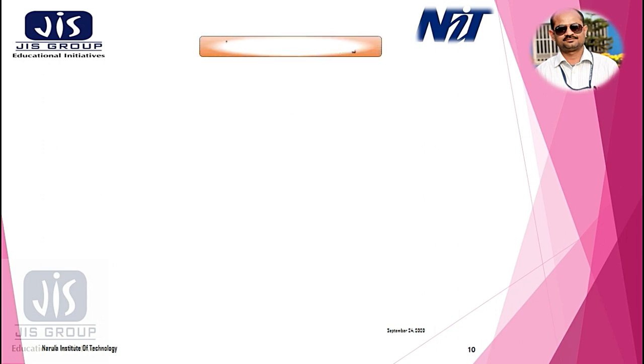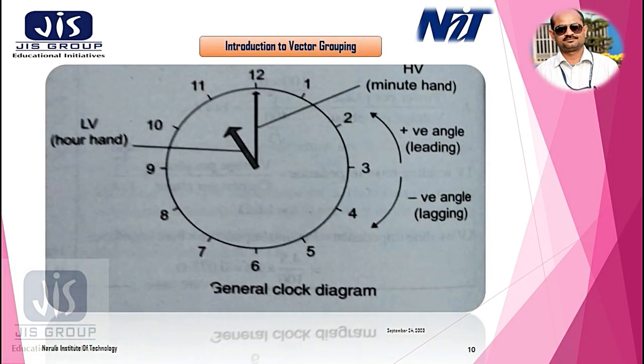Now, this is the clock position. The minute hand, the larger arm, represents the high voltage EMF. The hour hand, my shorter arm, represents the LV side induced EMF.